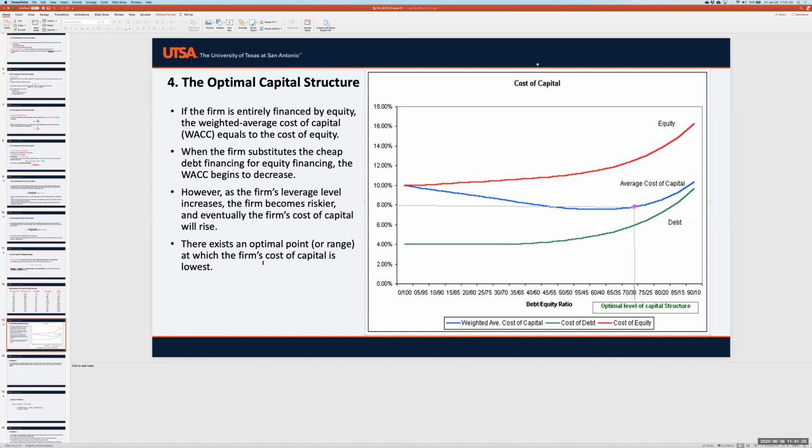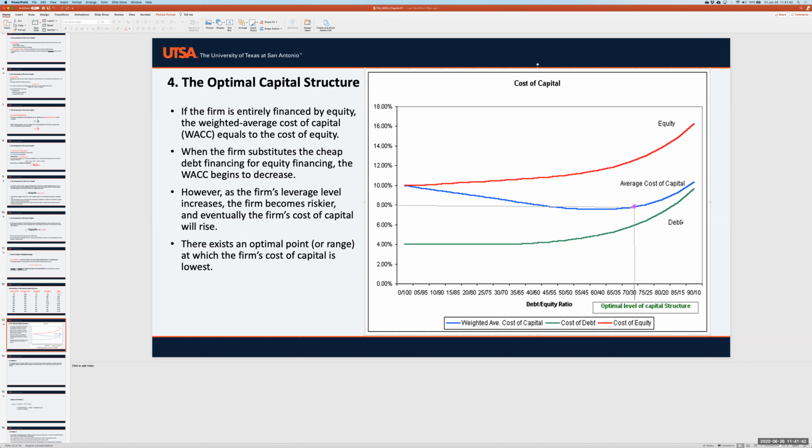You may ask why we're not just using debt. If the company uses only debt, you see, this is the lowest cost, just 4%. This is the debt equity ratio, right? And why does the company not simply use only debt?